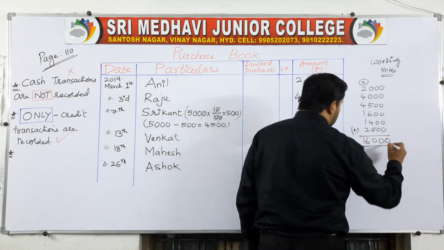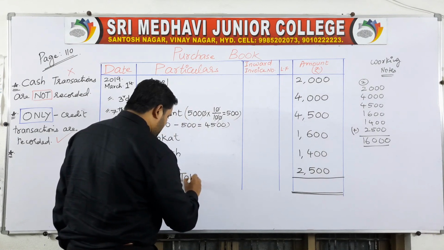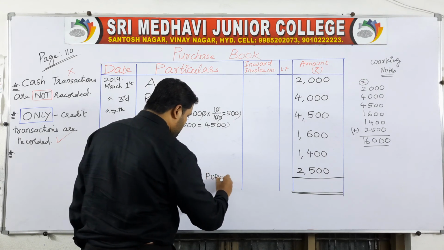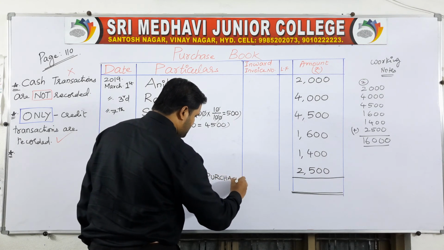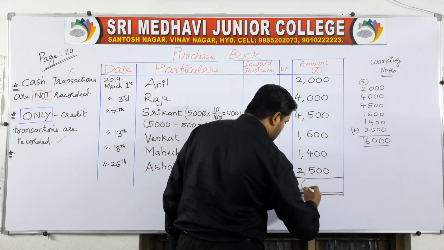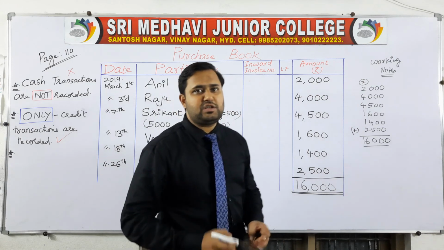So the total is 16,000. So here you write total purchases. How much is the total purchases? 16,000. So this is your answer.